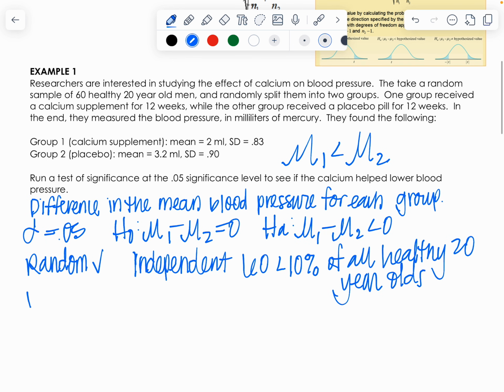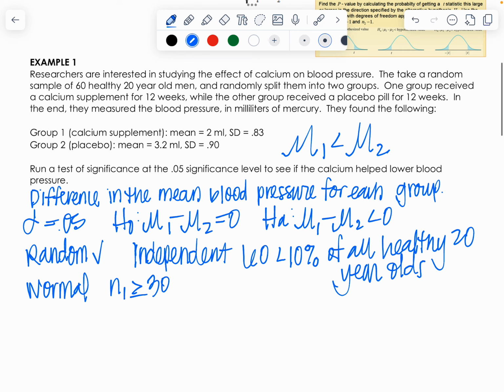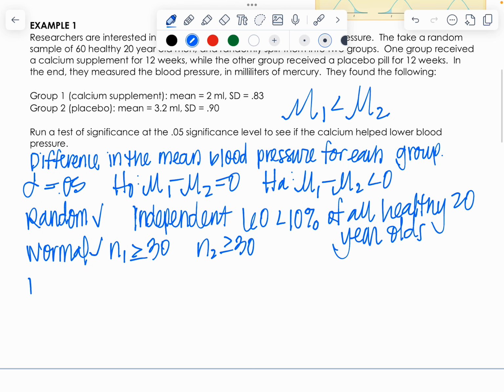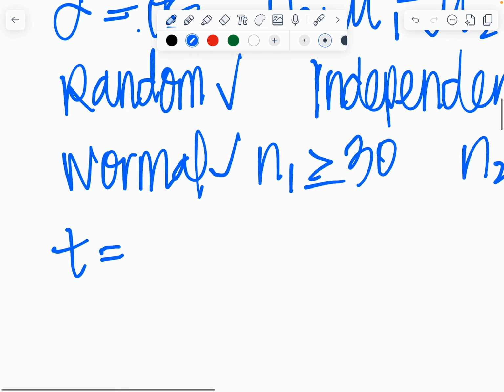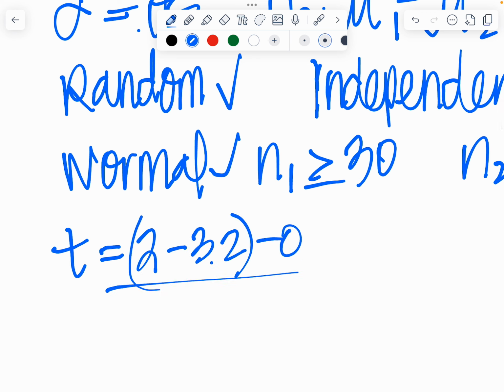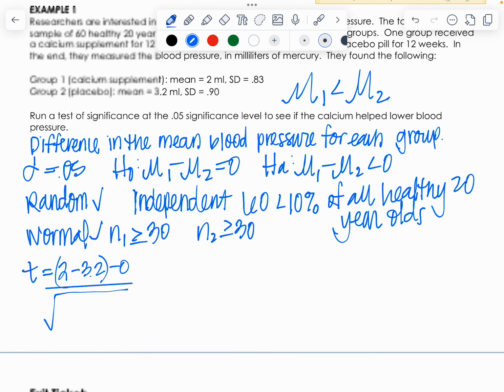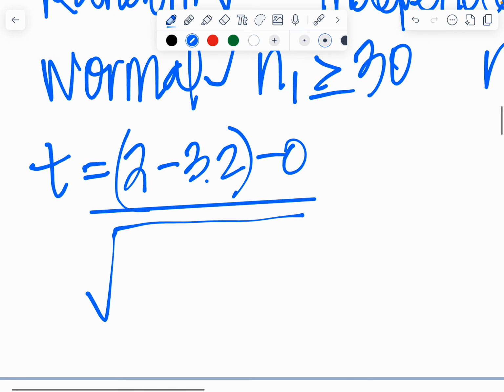All right, and then normal is true because n1, our sample for the first group, is greater than or equal to 30, and n2, our sample for the second group, is also greater than or equal to 30. Okay, so now we calculate that t-score. t equals the difference in our two means, so 2 minus 3.2, minus the claimed value for that difference, which is 0, over the square root of our sample standard deviation squared, so 0.83 squared over 30.